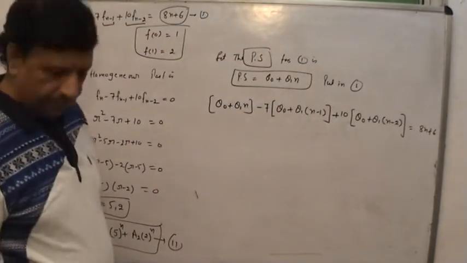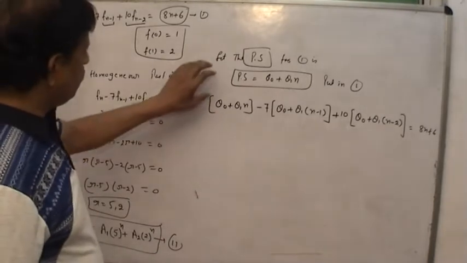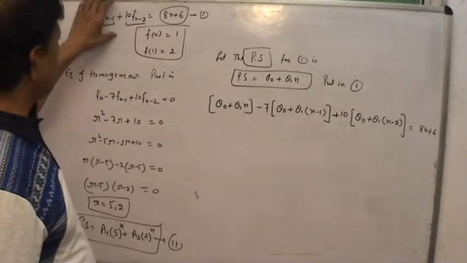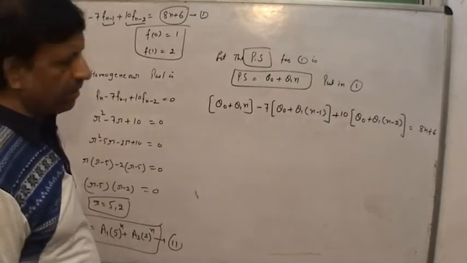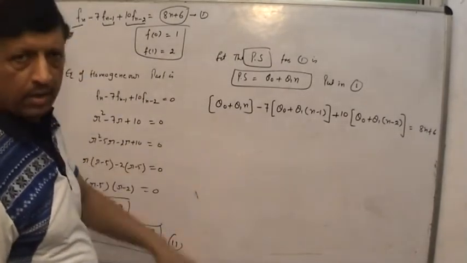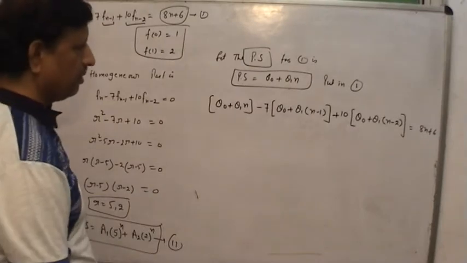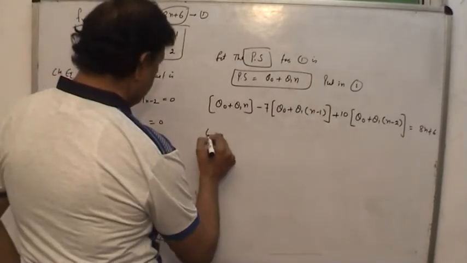It is a substitution of particular solution into the given non-homogeneous recurrence relation. Now from here we can find out the values of Q0 and Q1 by using the simple concepts of algebra.